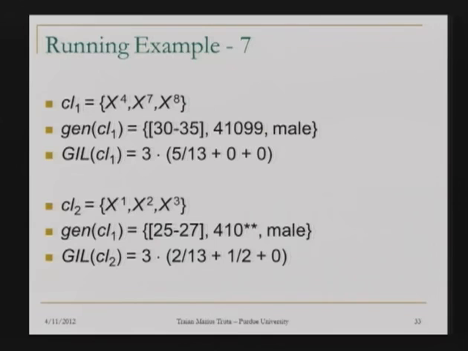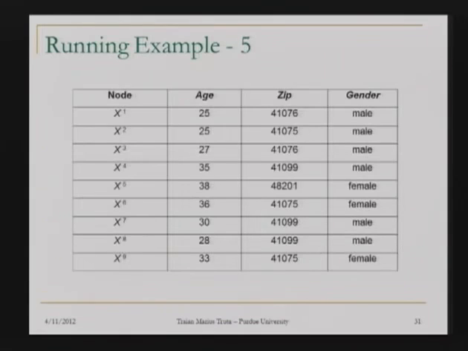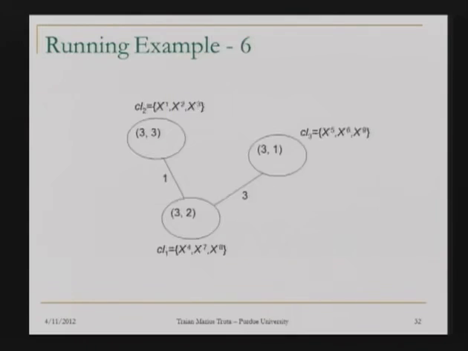Now, how do we compute the generalization information loss? Well, we multiply the number of nodes in the cluster, 3 times, and what is 2 over 13? 2 is the range of the interval 25 to 27. 13 is the range of values for the whole data set, the maximum minus the minimum value. And we have between 38 and 25, so this is 13. Okay?